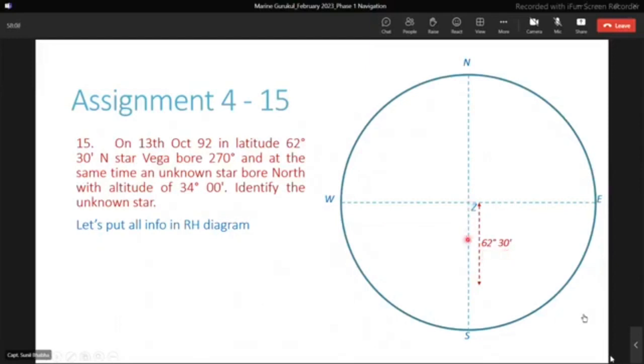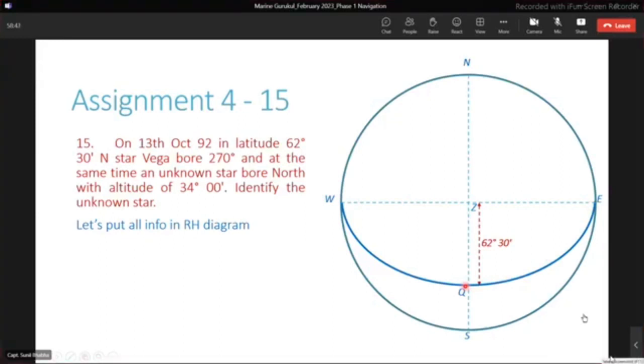So from the zenith, I go 62 degrees 30 minutes south, and this is where the equinoctial would pass, and I will have the Q point. So you see the equinoctial is passing through the Q point, and the equinoctial always passes through the east and west points. So this WQE on our diagram represents the equinoctial for this particular observer.